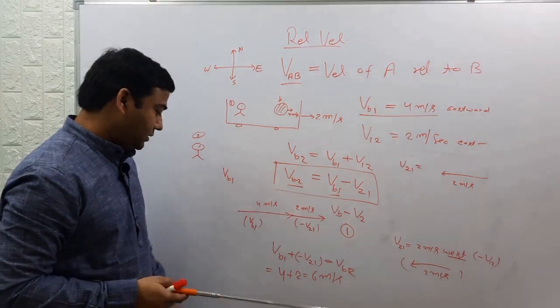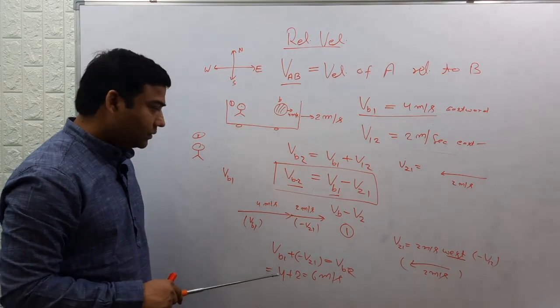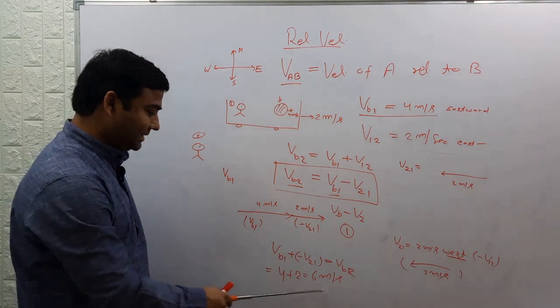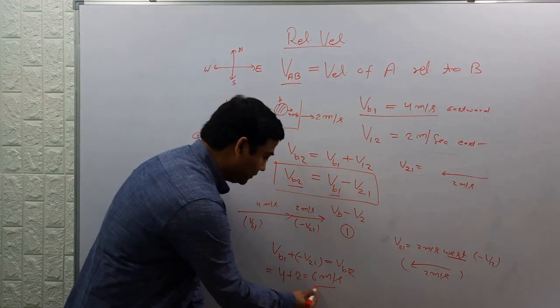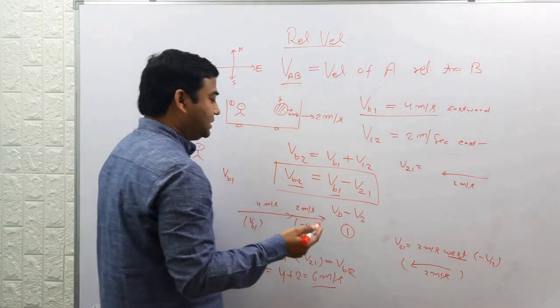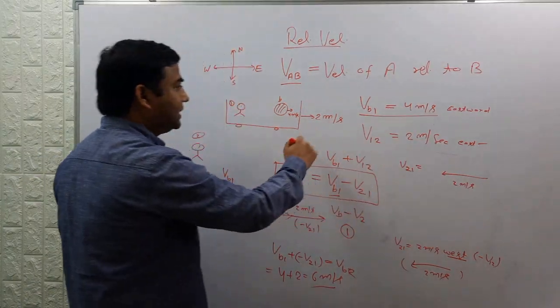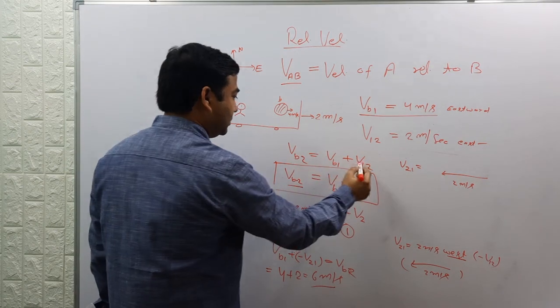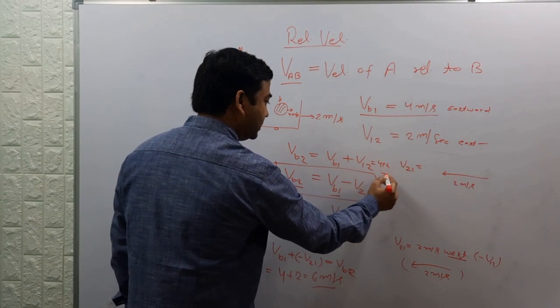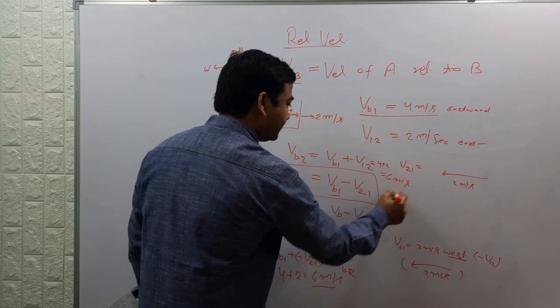In this way, we have found the velocity of the ball with respect to observer 2 as 6 meter per second, which is naturally the same as we calculated earlier with the addition rule, 4 plus 2 is equal to 6 meter per second.